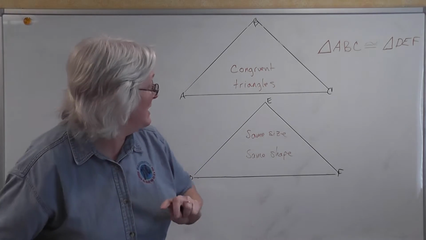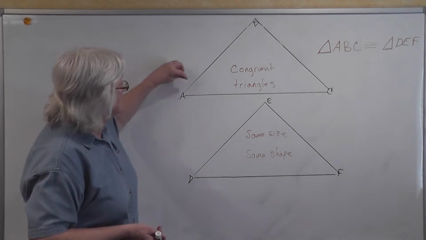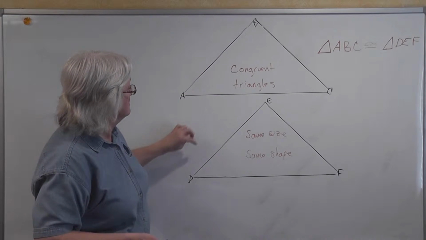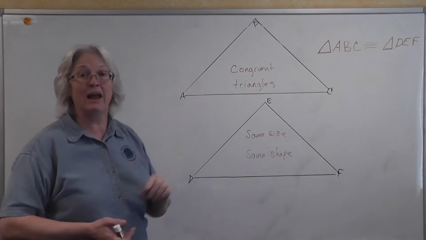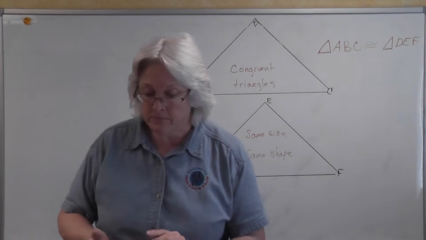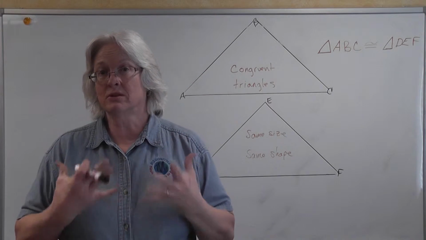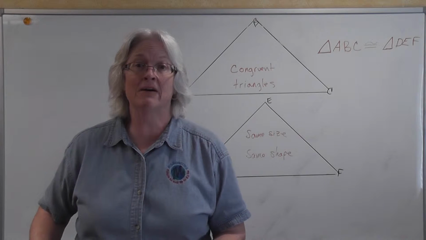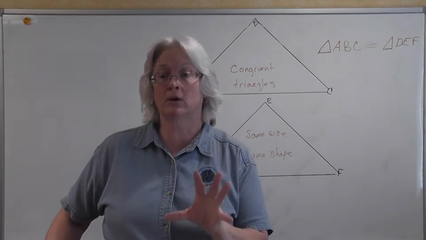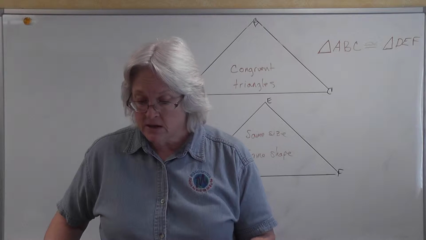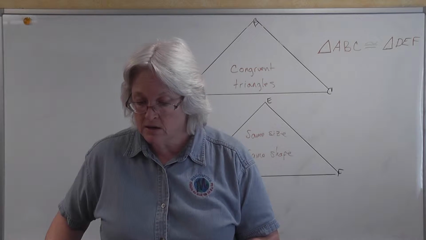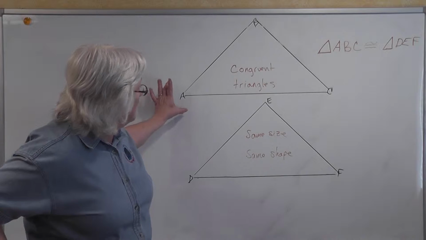And you would see that the corresponding sides would be the same and the corresponding angles would be the same. And if you look in your text, there's a lot of vocabulary. I told you chapter 11 is lots and lots of vocabulary when we're doing this geometry. It says the angles at the matching vertices.